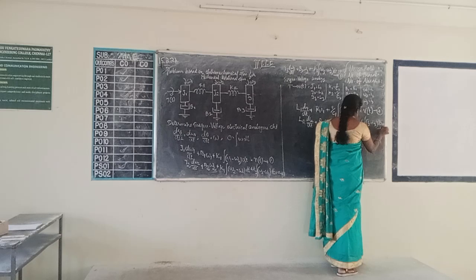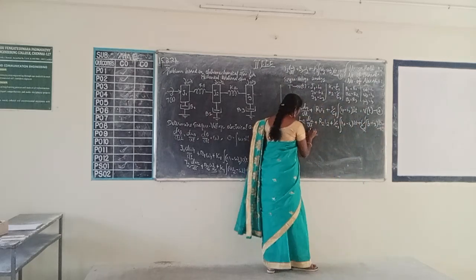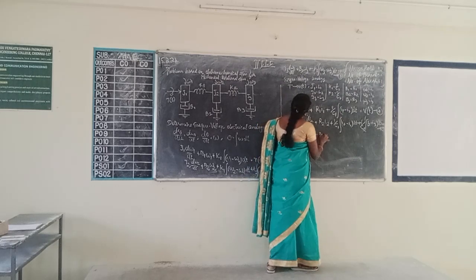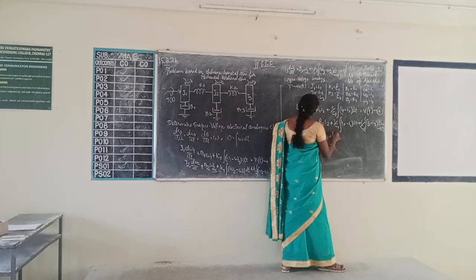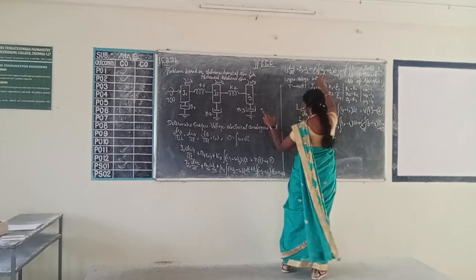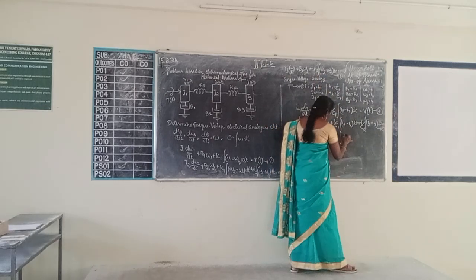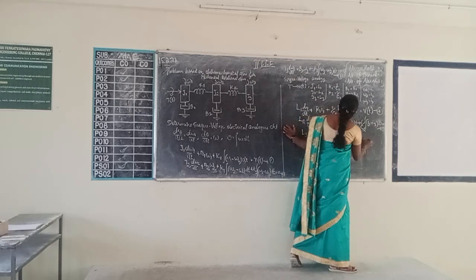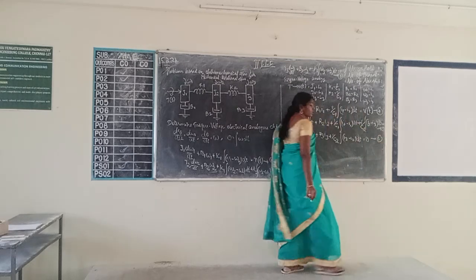This is equation number 5. And for the third, that is L3 di3 by dt plus R3 I3 plus 1 by C2 integral of I3 minus I2 dt equal to 0. This is equation number 6.